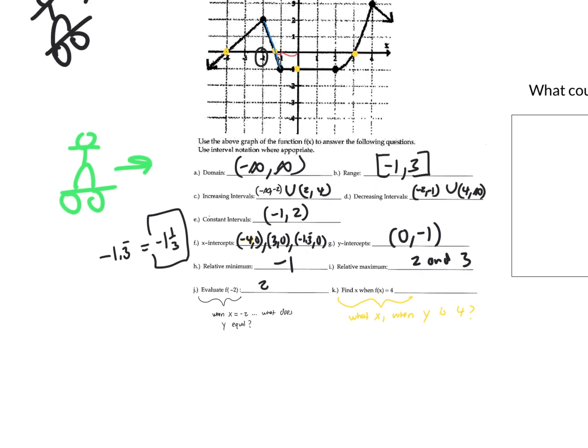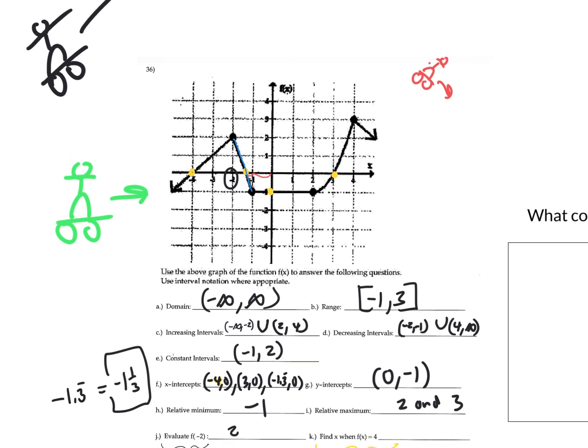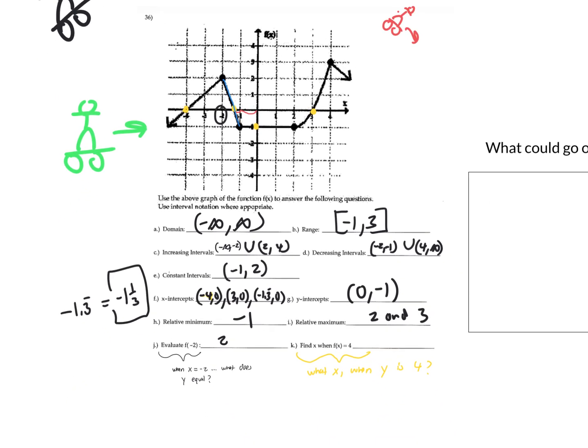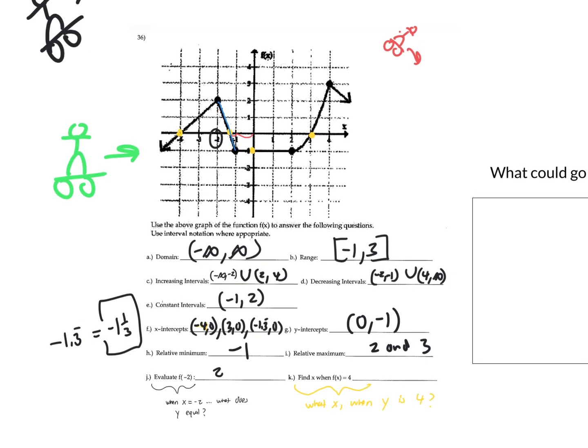Well, let's take a look at when y is 4. It's up here, and the graph doesn't even hit that. So to me, that is a very annoying question. What is x when y is 4? I don't know. At the y value of 4, the graph doesn't even go up that high.